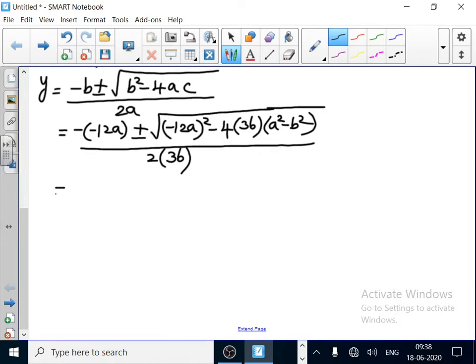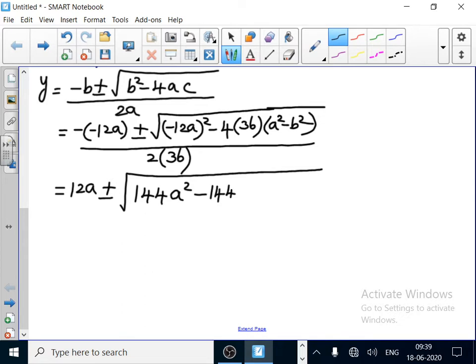Write it at the margin, then it will be easy. Minus into minus 12a, we can write it as 12a, plus or minus square root of 144a squared minus 36 into 4, that is also 144, into a squared minus b squared, whole divided by 72.